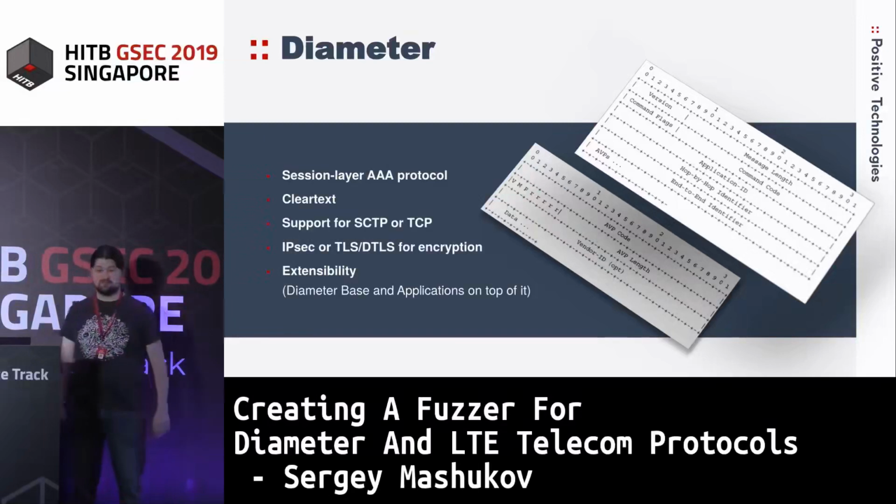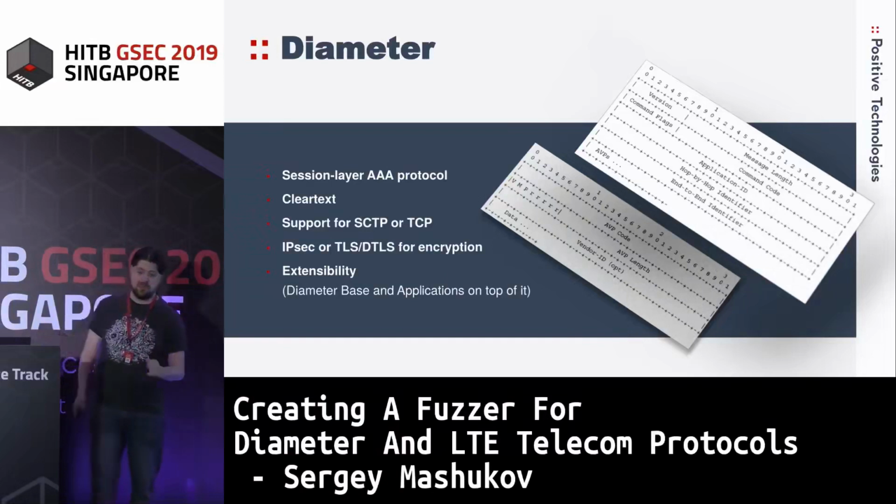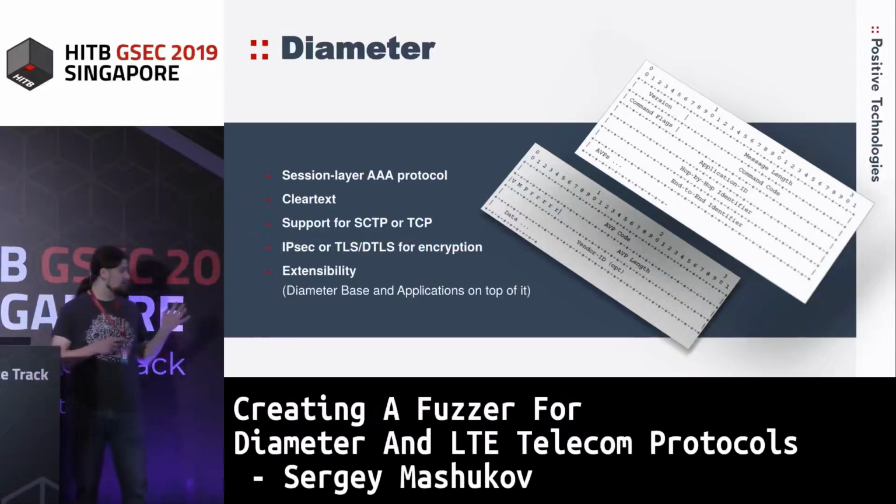And again, it's extensible. It has one RFC with the base protocol, handling connection between peers, disconnection, watchdogs, things like that. And you have applications on top of it, all kinds of applications, but we are most interested in the ones created by 3GPP.